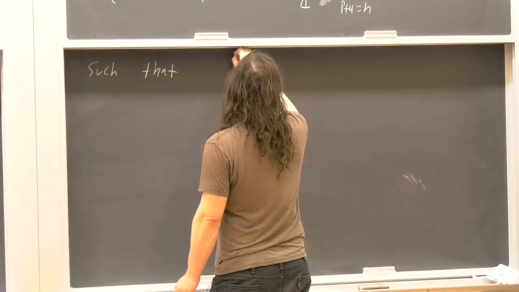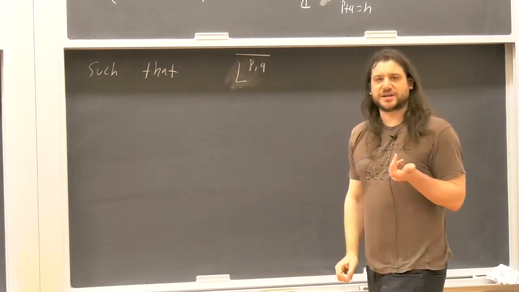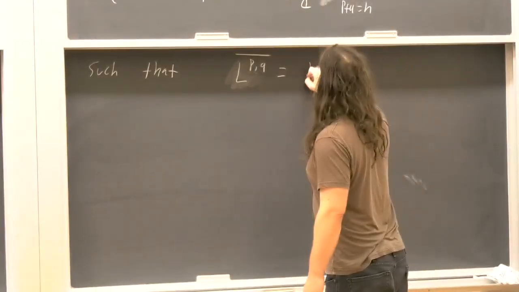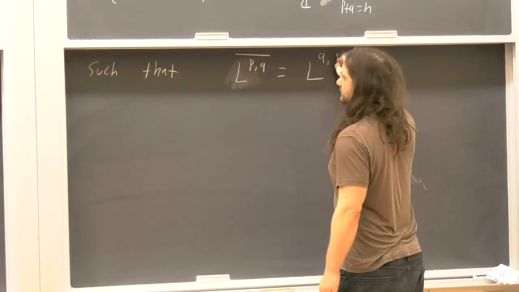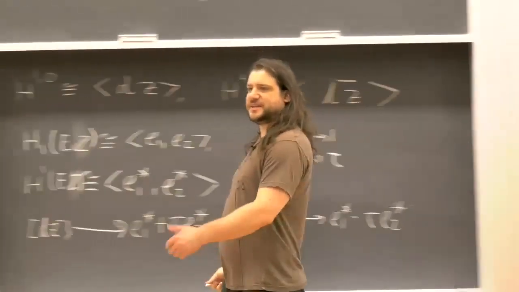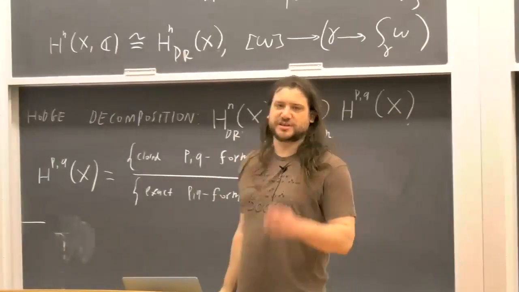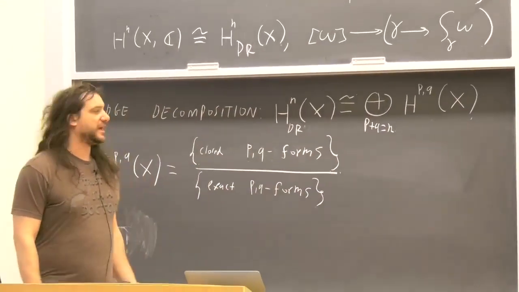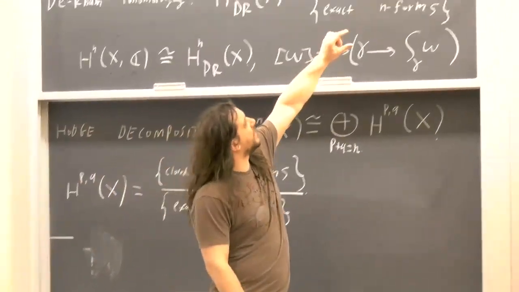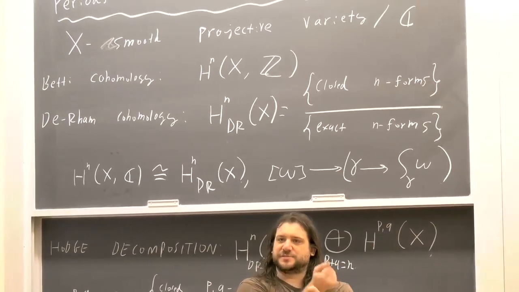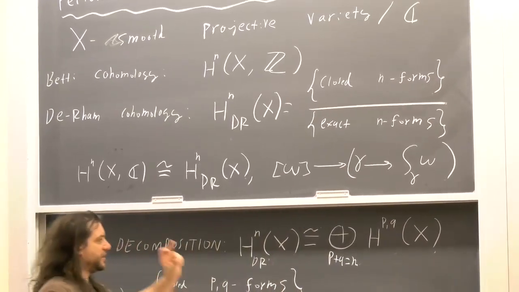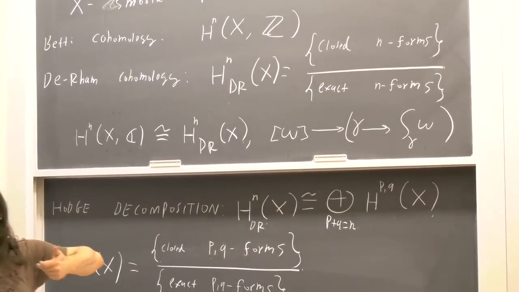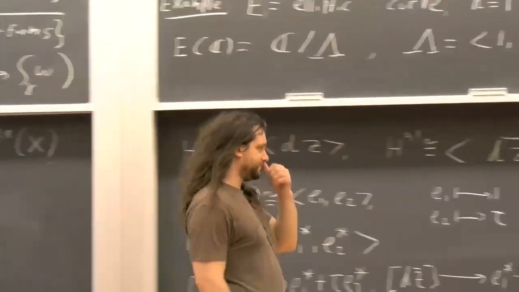If you look at LPQ and you take its complex conjugate, what do you get? Well, you just get LQP, which is going to be satisfied here, because if I take a PQ form and it's closed, I take its conjugate, it's still going to be closed. But now the holomorphic and anti-holomorphic parts will switch places. The DZs become DZ bars and vice versa. So from a PQ form, I get a QP form.